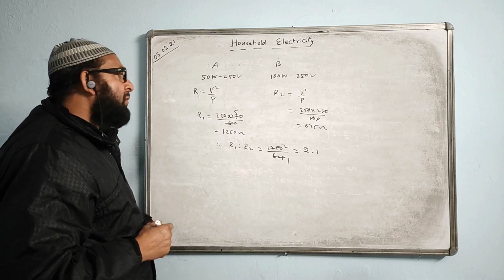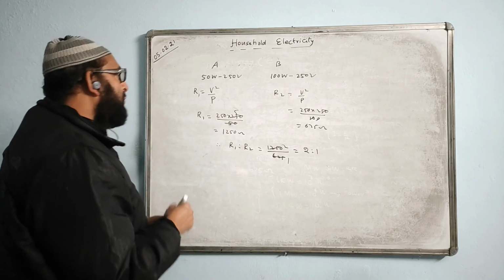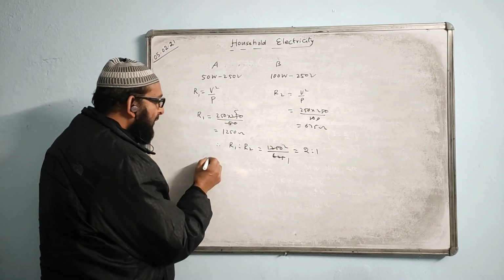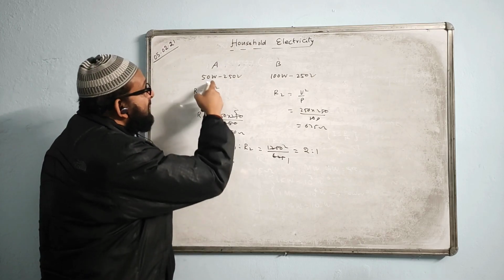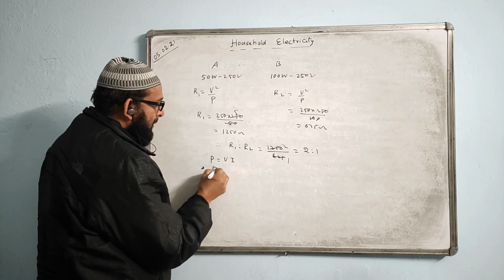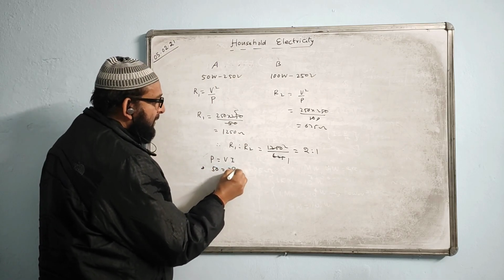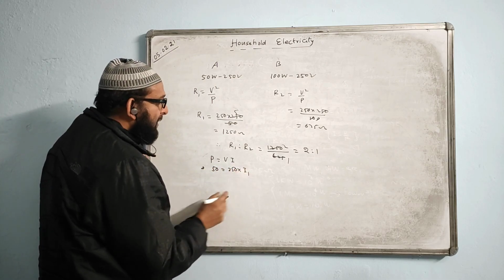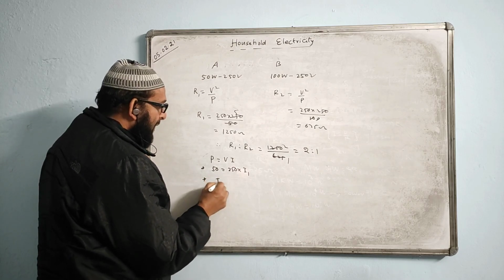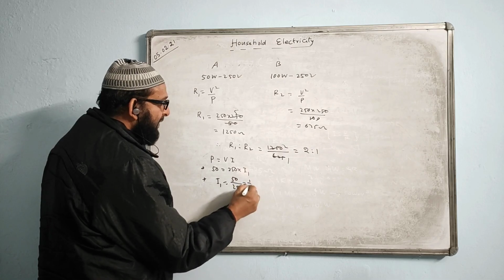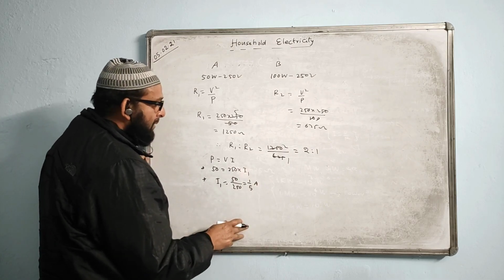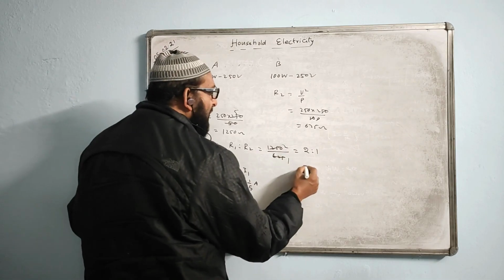And what will be the ratio of their currents, the maximum current flowing through each? For that we will find current using P equal to VI. The power in the first case is given 50 and voltage is 250. Current is unknown; this current I take as I1. So I1 value will come 50 by 250, that is 1 by 5 ampere. You can keep it in this format. Similarly, here we find I2.